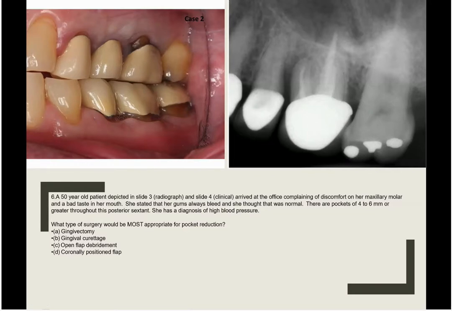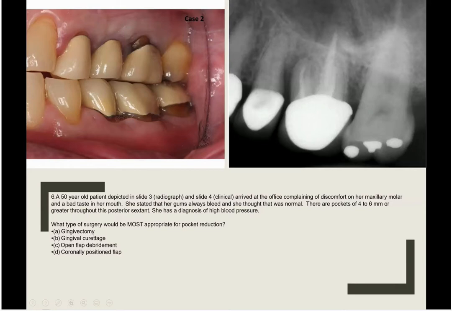As we look at this periapical film, I hope you can appreciate that there's advanced bone loss here, and there appears to be a need to reshape the bone and access a bony defect.